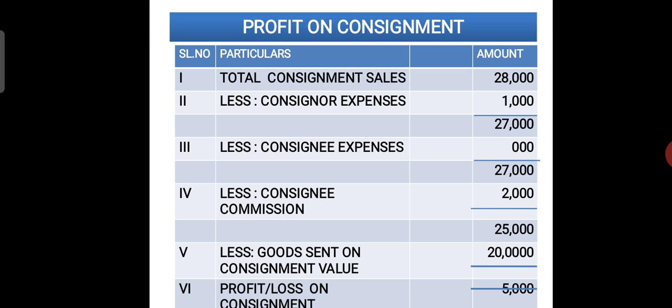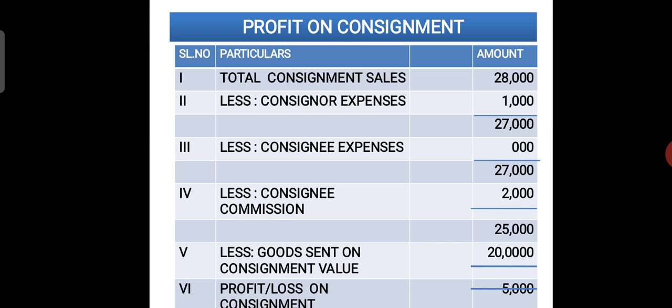Okay, from that we deduct less goods sent on consignment value. Goods sent on consignment value is rupees 20,000. From 25,000 if you deduct 20,000, you will get 5,000. That is the sixth point, called profit or loss on consignment. This 5,000 is the profit that we made on consignment business.